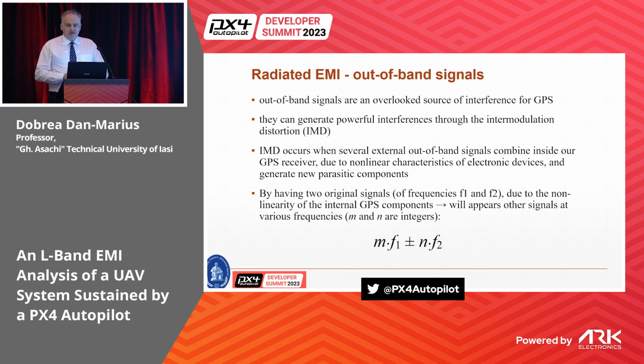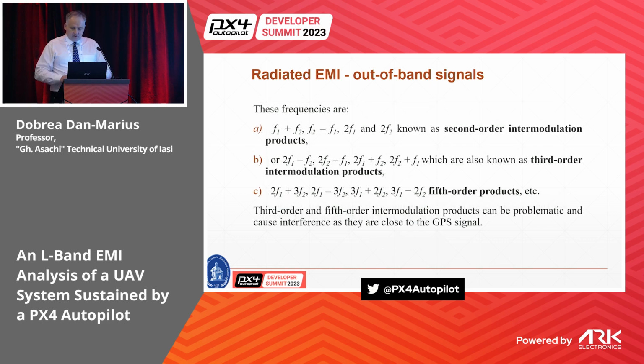IMD occurs when several external out-of-band interference sources combine inside your GPS unit due to different kinds of nonlinearity that exist, and in the end you get a signal in the band of your GPS unit, and this will perturb the function. You can have second order, third order, fifth order intermodulation, and so on. But mainly third order and fifth order are the processes that generate these signals.